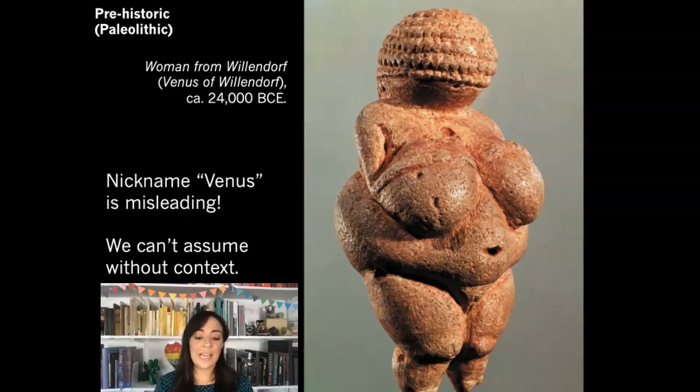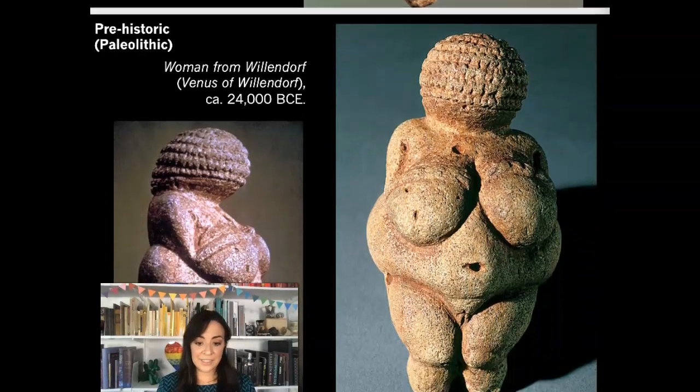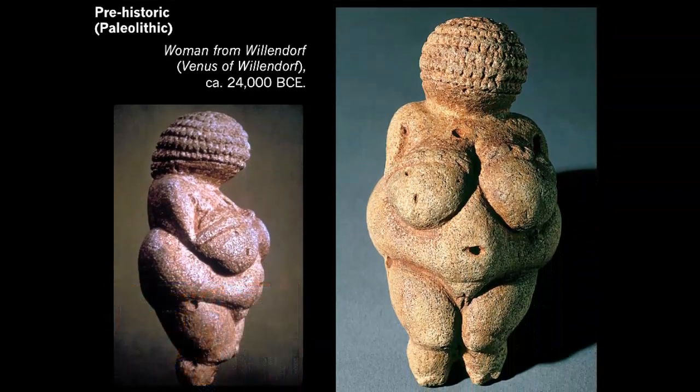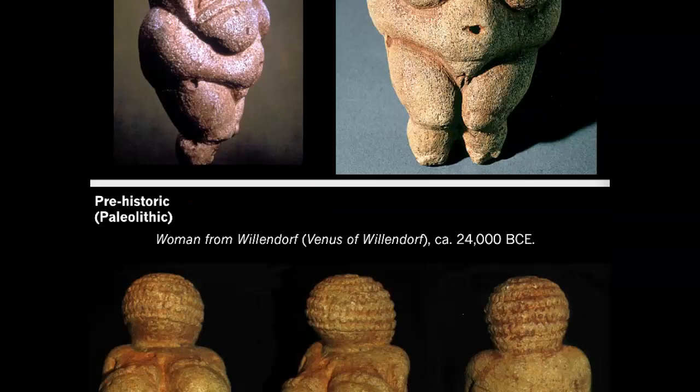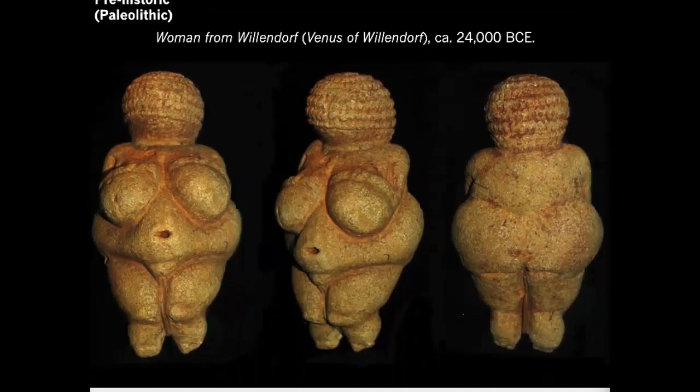Okay. Well, what can we do? We can look at the evidence here. Here's another view of her from the side. You can see how the artist created these really small little arms, these heavy breasts, and those wide hips and buttocks. Here, this is a 360-degree view of her.